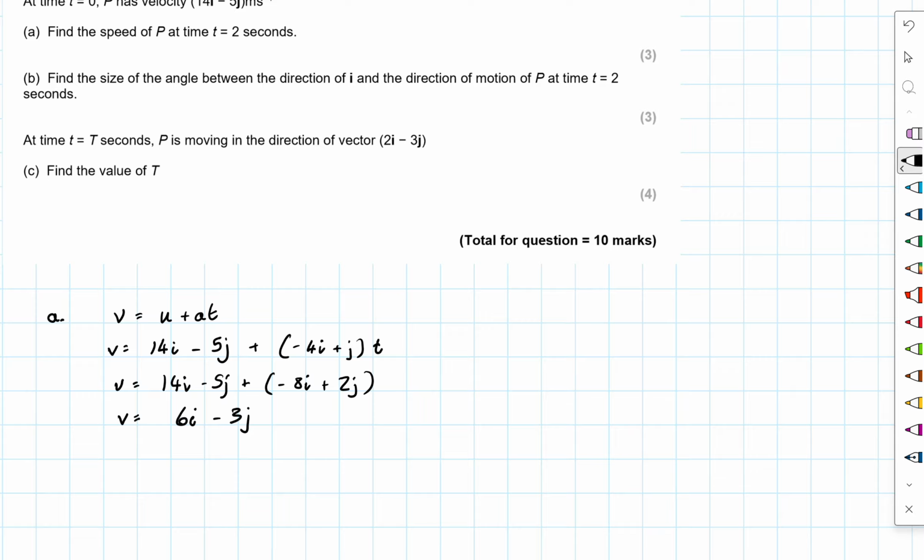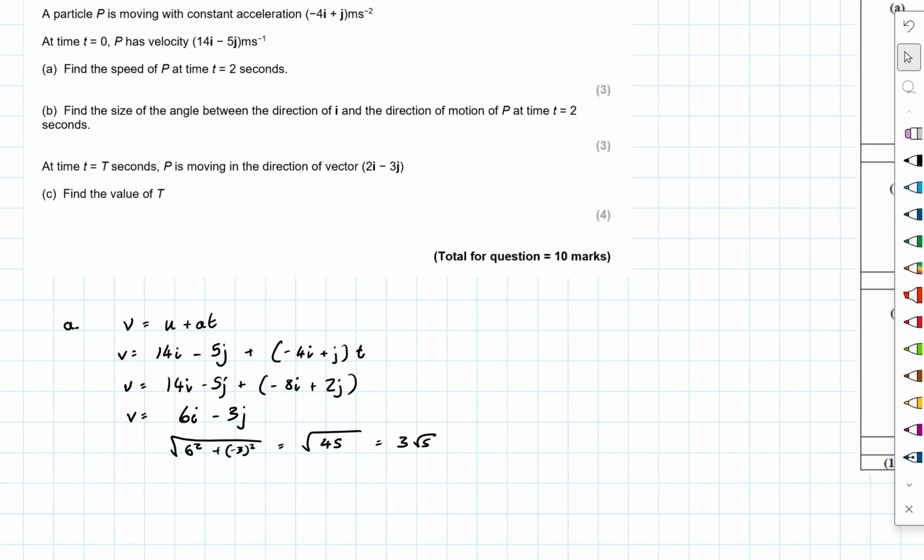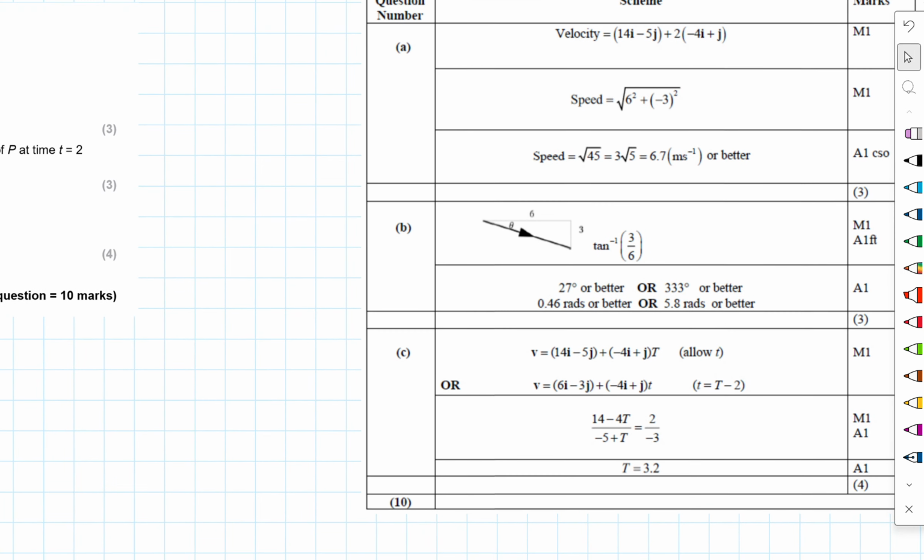Now again, we've been working in vectors so far, so speed being a magnitude requires us to go from the vector to the magnitude of that vector, which just requires us to do Pythagoras. So we'll do the square root of 6 squared plus minus 3 squared, which is equal to root 45, right, which is 3 root 5. So that's my speed. Let's just check that's right. Yeah, okay.